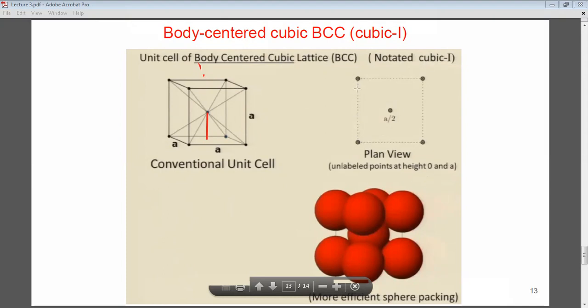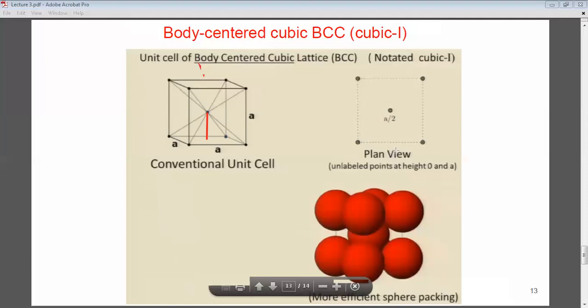The central point is at height A/2, and the corners are at height A and at height 0, and they are unlabeled.